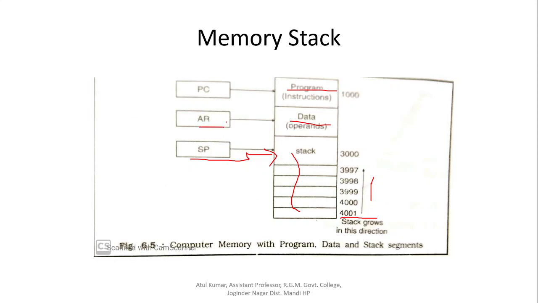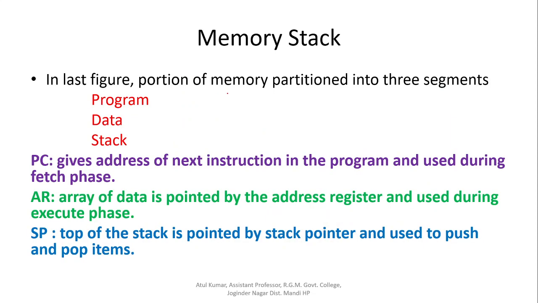AR is the address register that points to the data in the memory, and PC is the program counter, which stores the next instruction address. In the figure, the memory is partitioned into three segments: program, data, and stack.